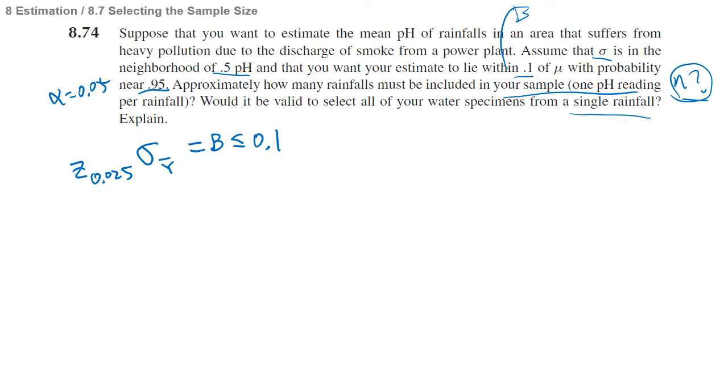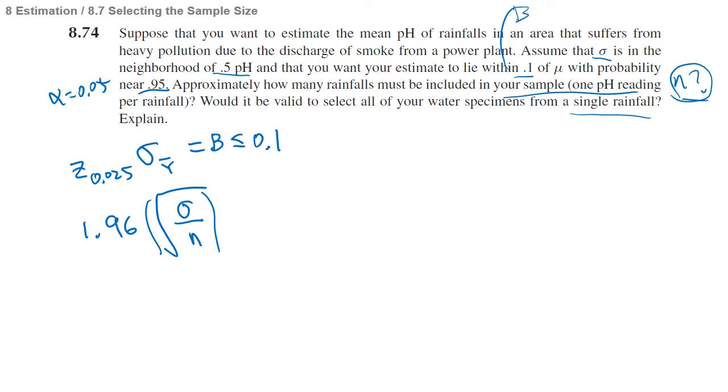So this would be our formula, and here Z 0.025 is approximately 1.96, and sigma of y bar is sigma over the square root of n.